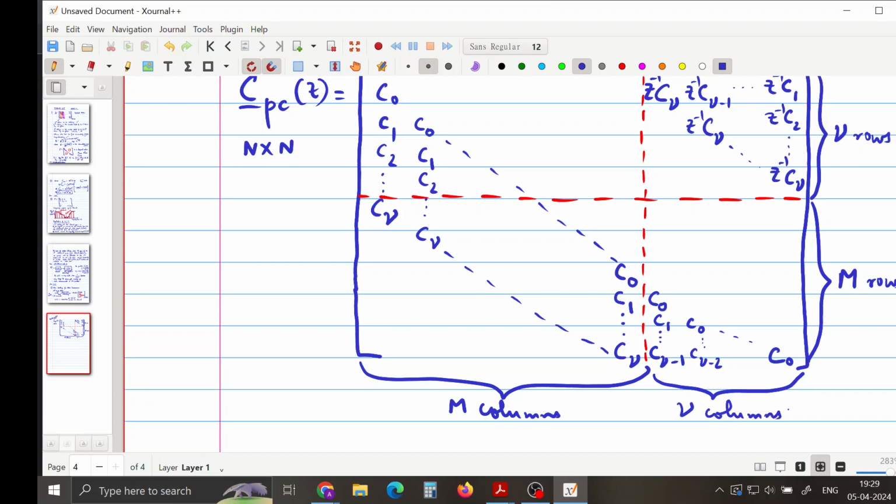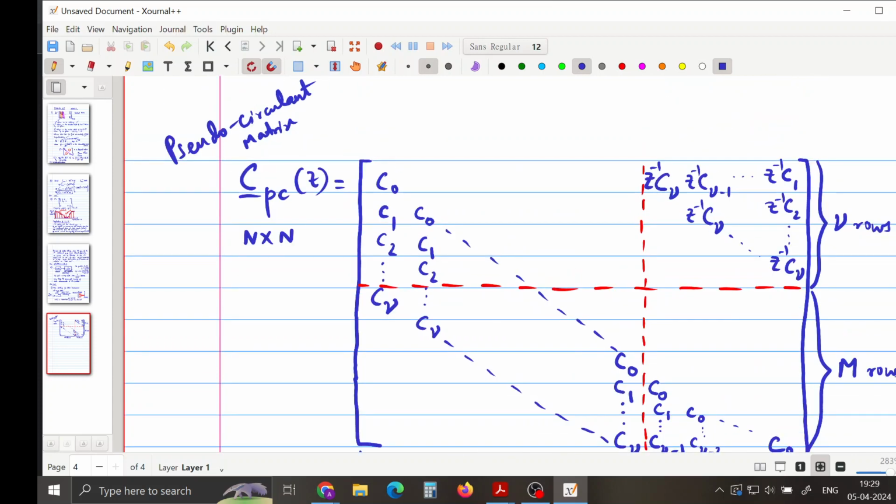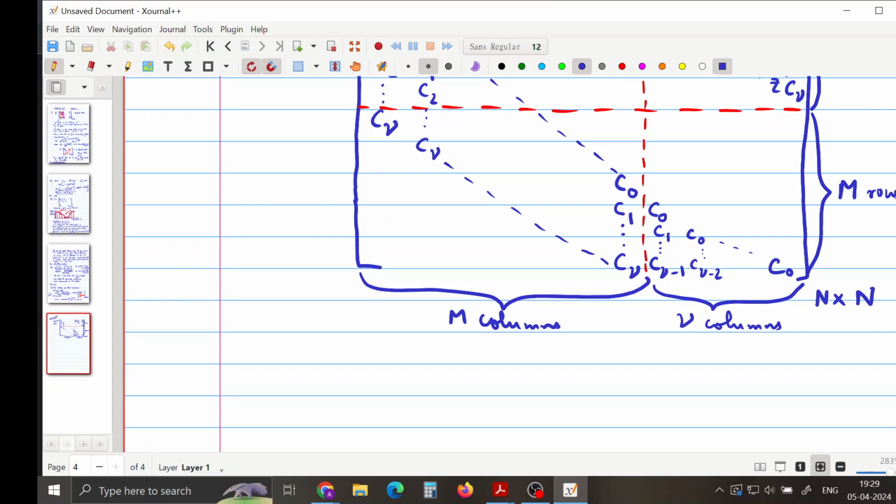So overall it is an m plus mu cross m plus mu matrix, and m plus mu is nothing but capital N, so it's an N cross N matrix.